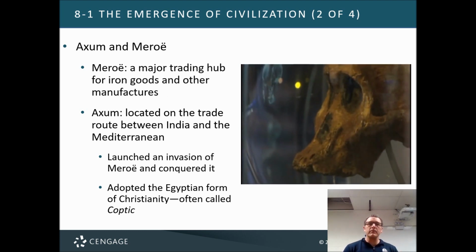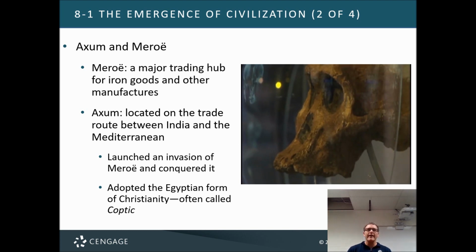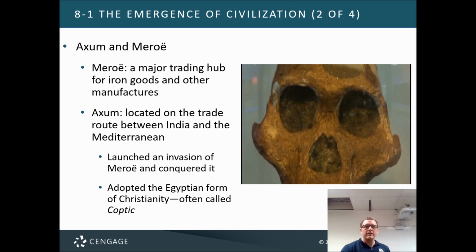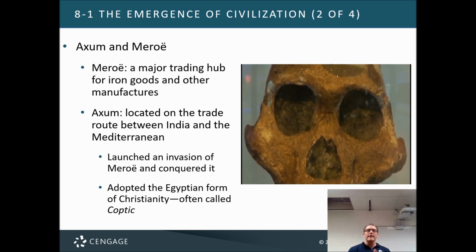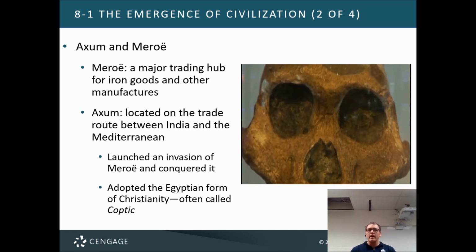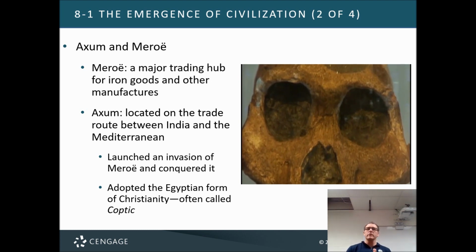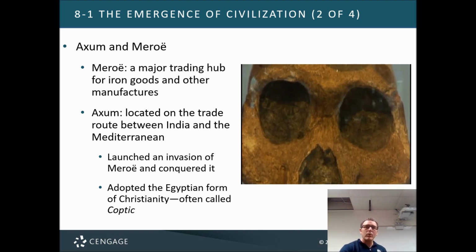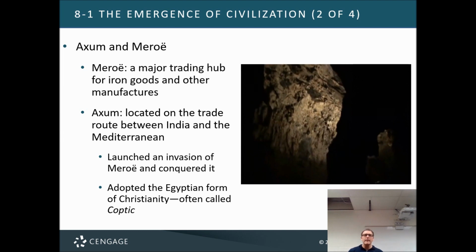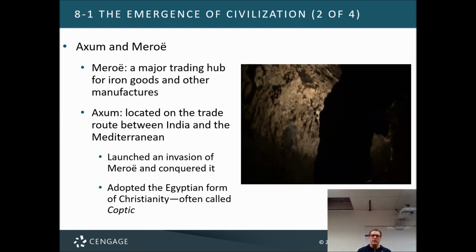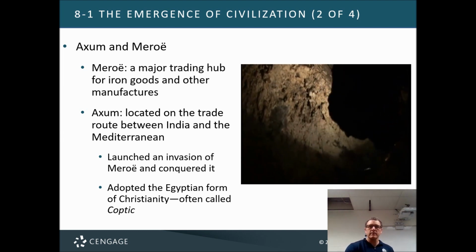And so many people are traveling through this region, and of course they're passing through Aksum. And as they travel between India and the Mediterranean, and as ships are traveling along the coastline, they're regularly stopping at the main port of Aksum, a city called Agilis.